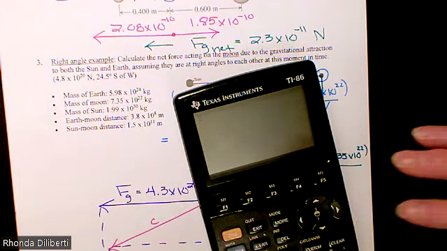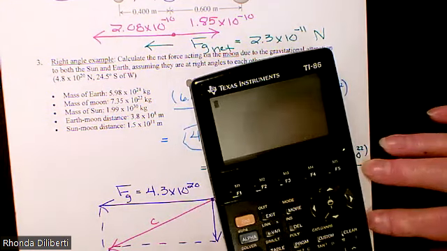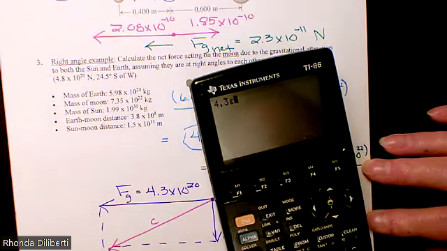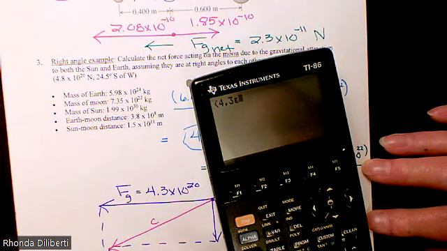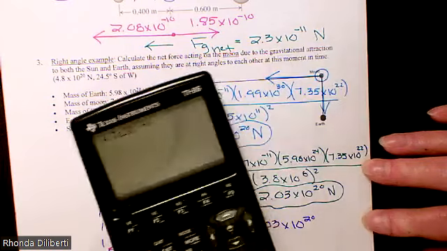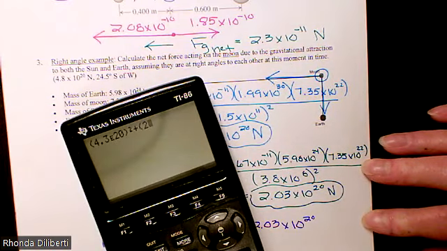I am going to be introducing some round off error here, but that's okay. 4.3 to the 20th. This old calculator needs parentheses. 20th parentheses squared plus 2.03 to the 20th squared equals, then I'm going to square root that.